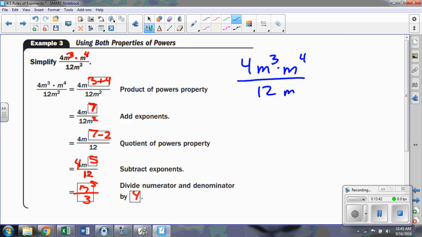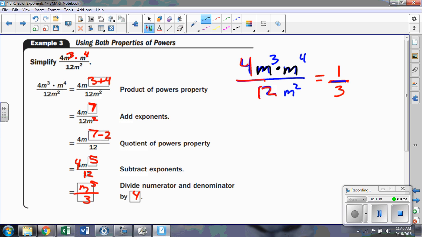Another way that we could have done this, we could have looked at it and said, just focus on the numbers without the variables. 4 over 12. Simplify that fraction. That would have given us 1/3. After that, we could have looked at each of the variable parts.